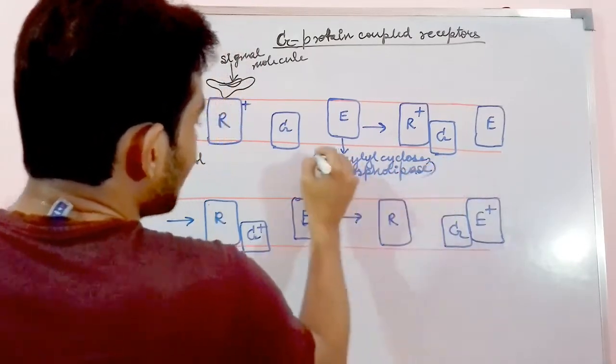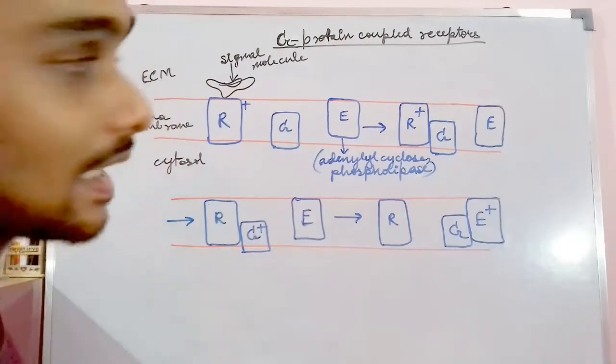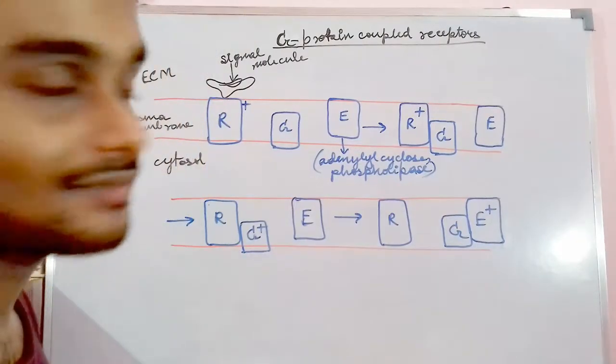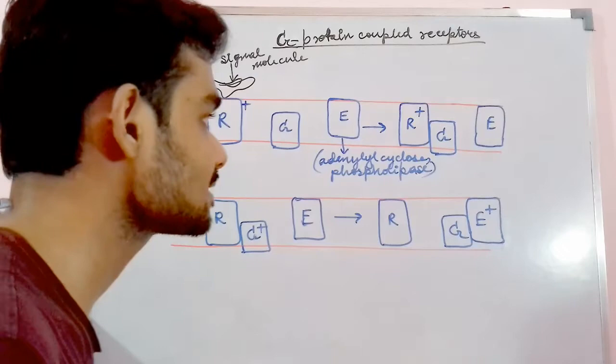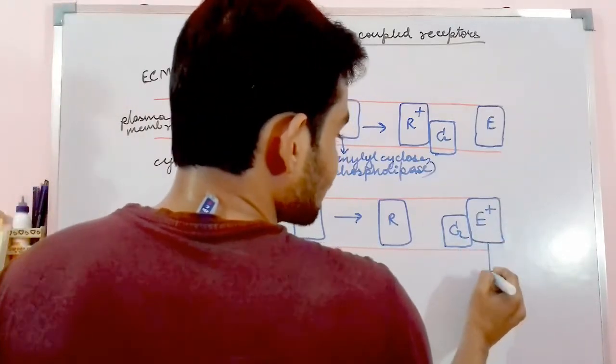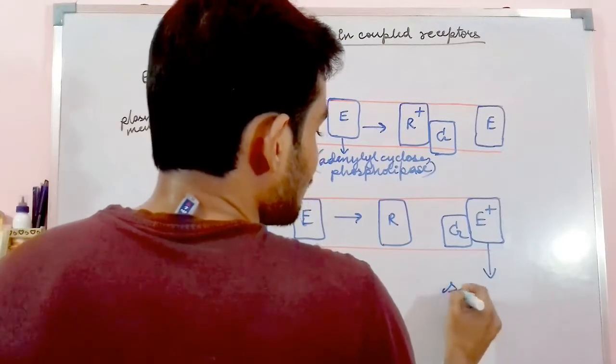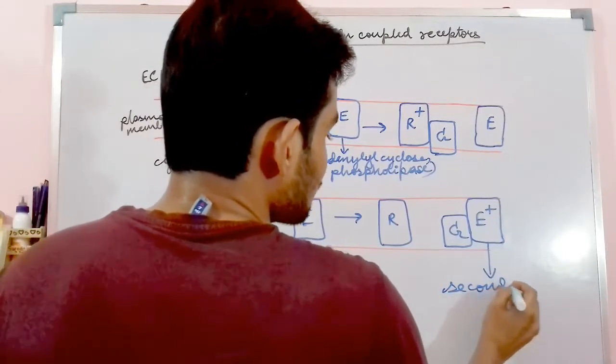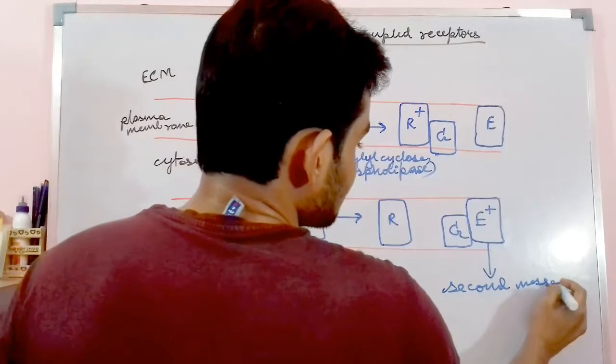These are some of the effector molecules. And now when these effector molecules get activated, these adenylate cyclase or phospholipase enzymes come into action, and this activated effector molecule would help trigger the second messenger molecules. Second messengers.